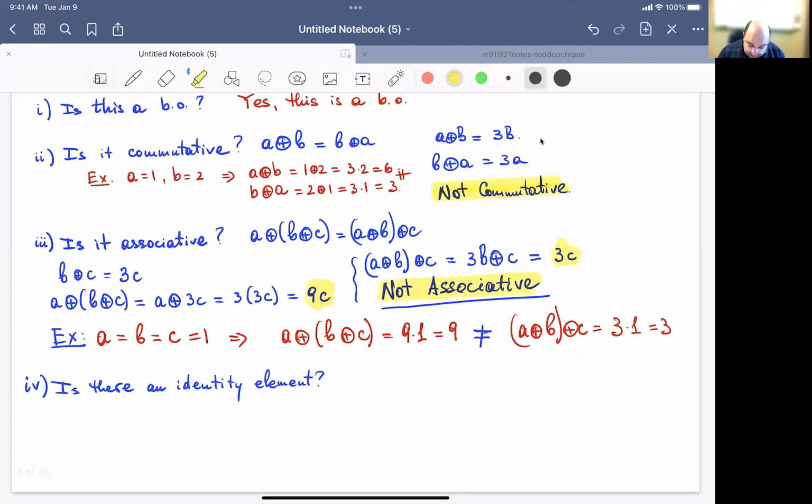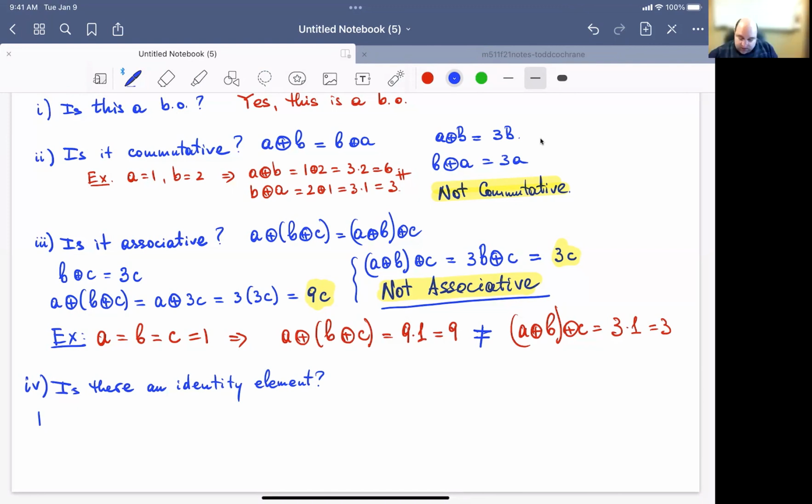So if there was an identity element, I would have to satisfy the property that, let's just say, the question is: is there an element e in the integers such that if I take a circle plus e, I get a back, and moreover, if I take e circle plus a, I get a as well.